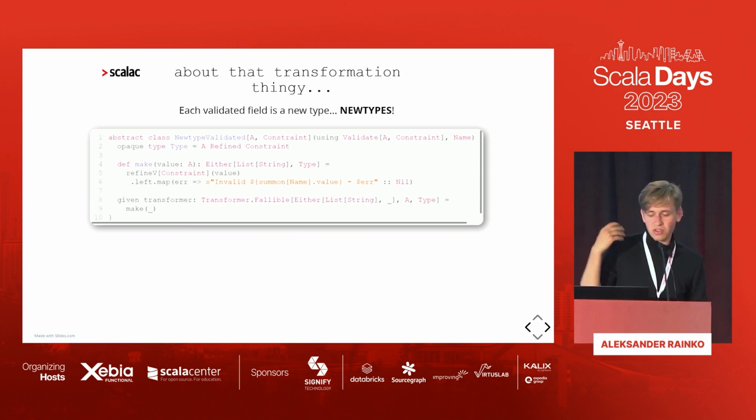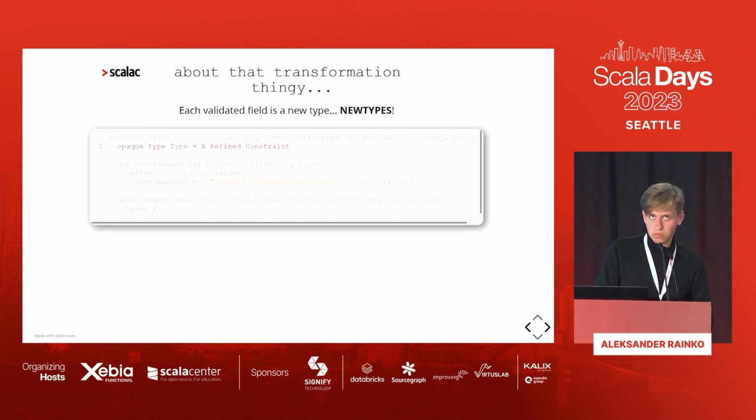But what are newtypes? Newtypes are basically an abstraction over not always a primitive, but usually a primitive like int or string. In this case, I created another abstraction, NewtypeValidated, which means we wrap around some kind of type that has some kind of validation. Here I use refined for my validation logic. Scala 3 has that cool thing called opaque types that basically lets us create a newtype library in like 10 lines of code.